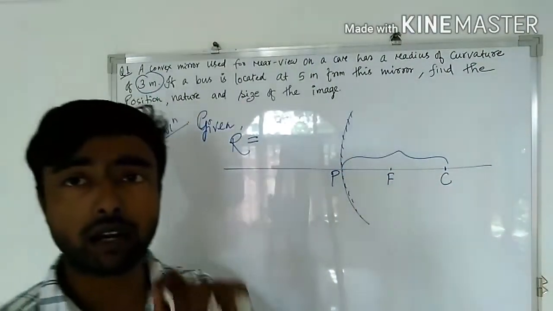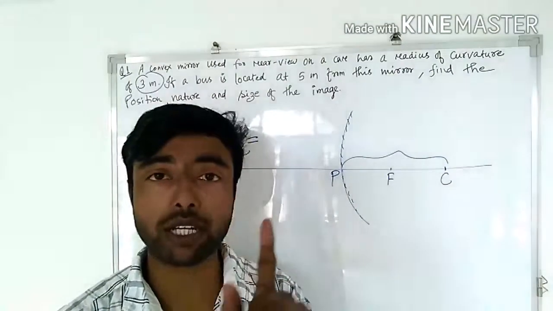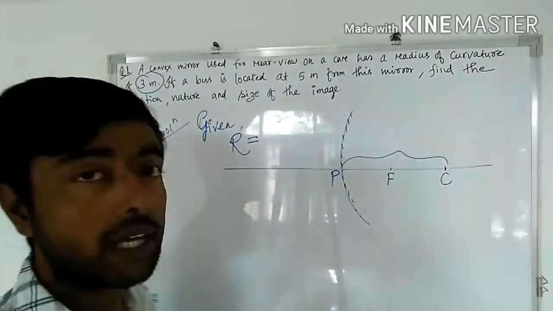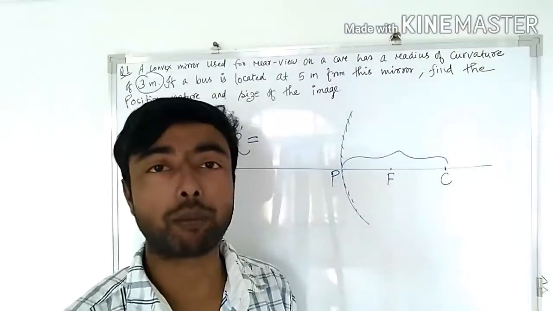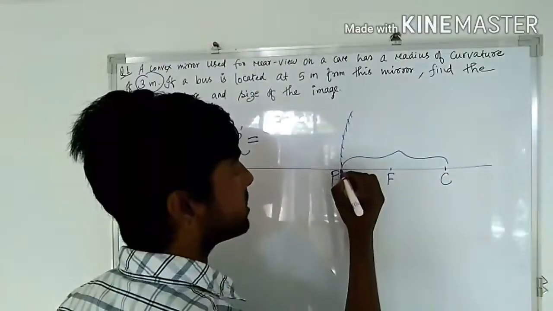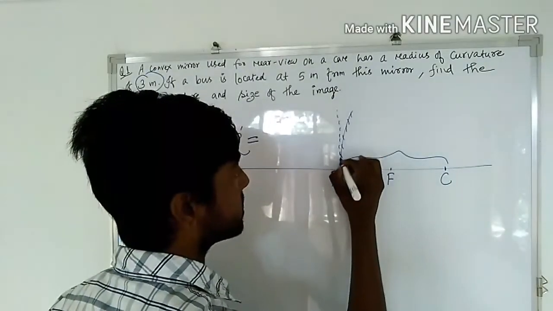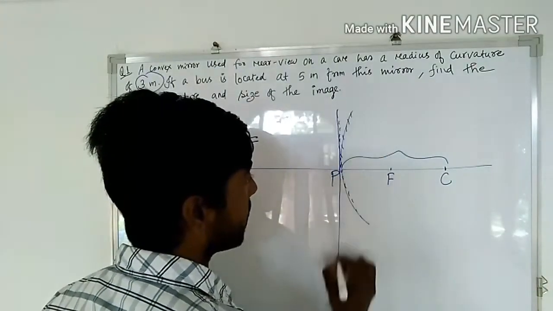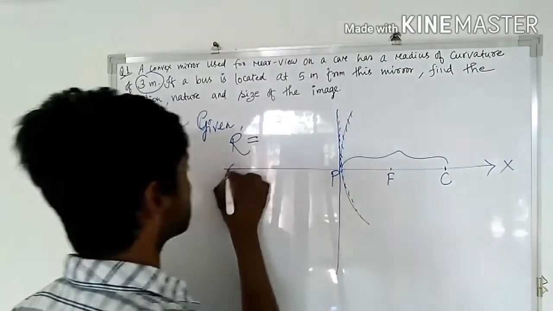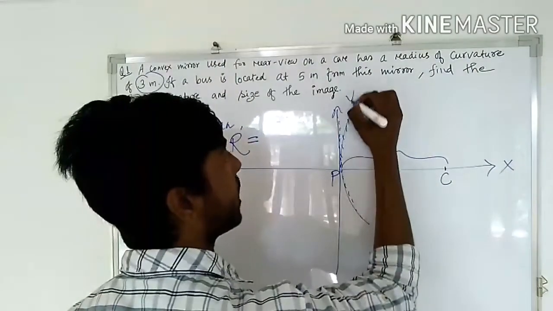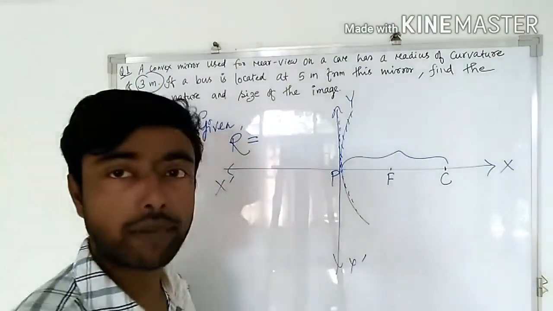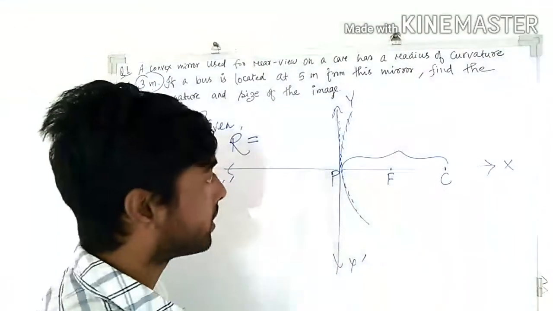It will not be given in the question whether it is plus or minus. You need to know whether it is minus or plus. I already explained sign convention. Suppose this is the Y axis, this is the X axis, X dash, this is Y, this is Y dash. I'm again explaining what sign convention is.